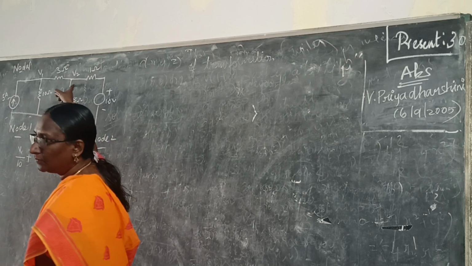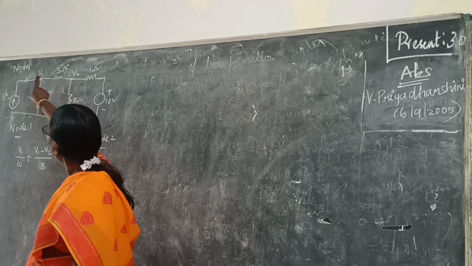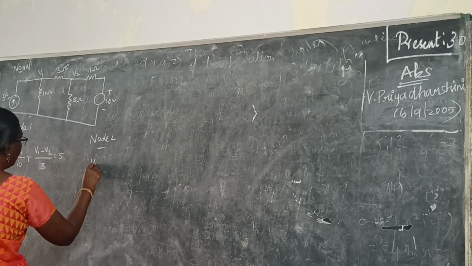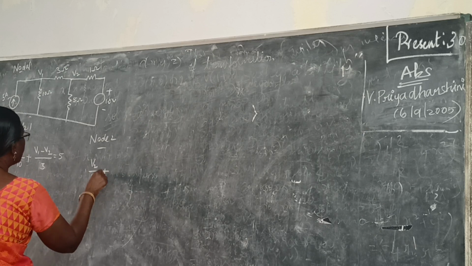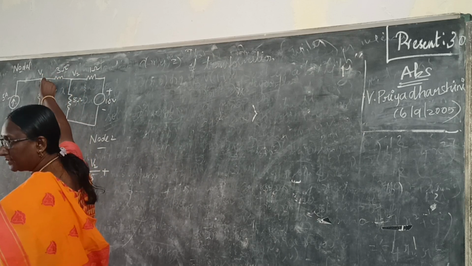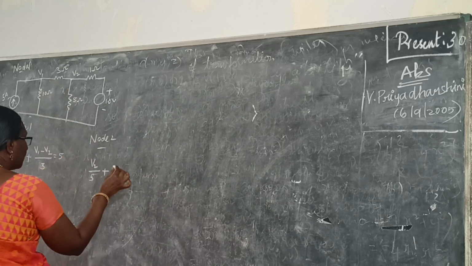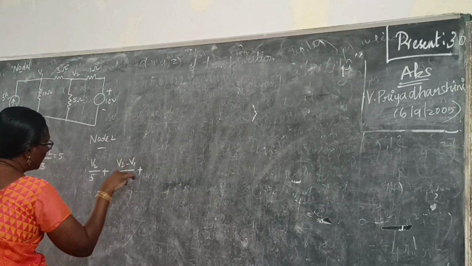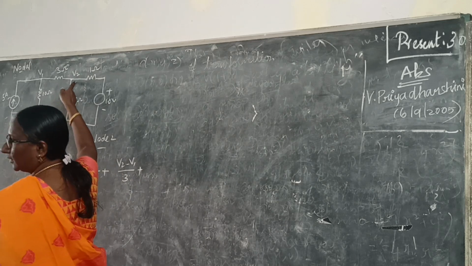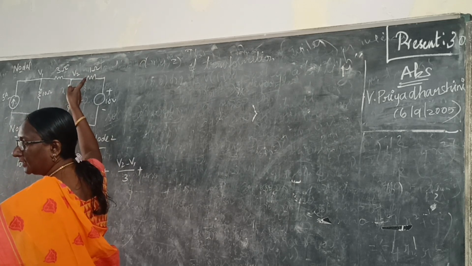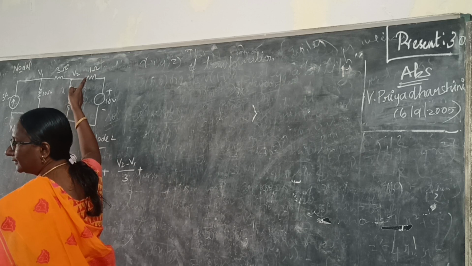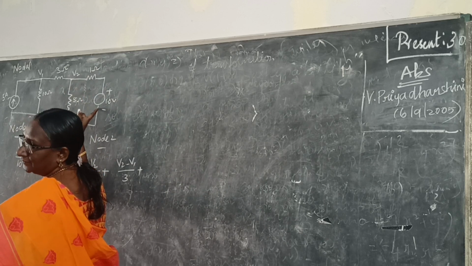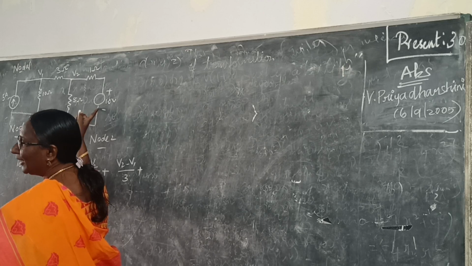Node 2: V2 by 5 plus V2 minus V1 by 3 plus V2 minus 10 by 1 is equal to current.